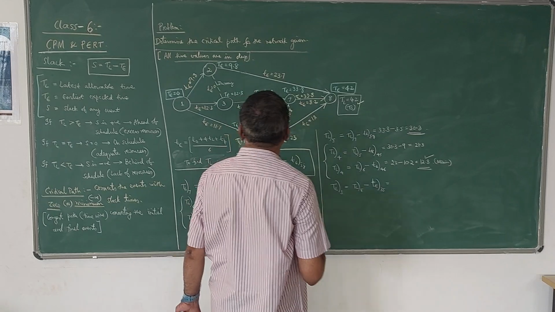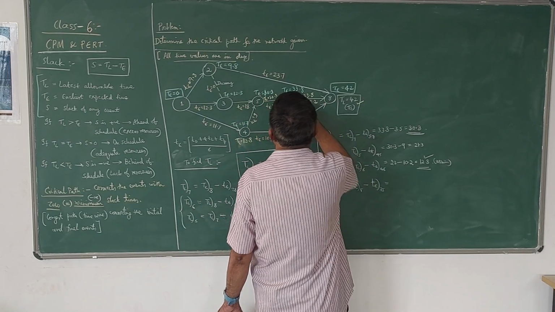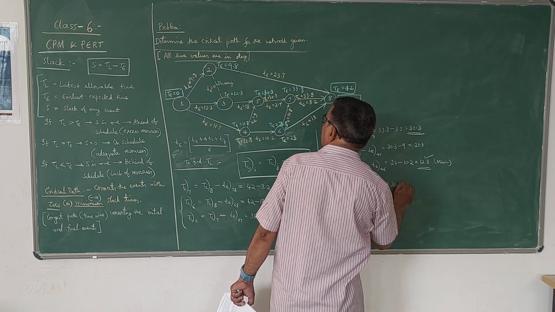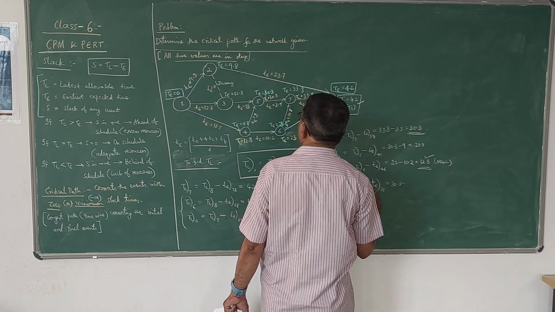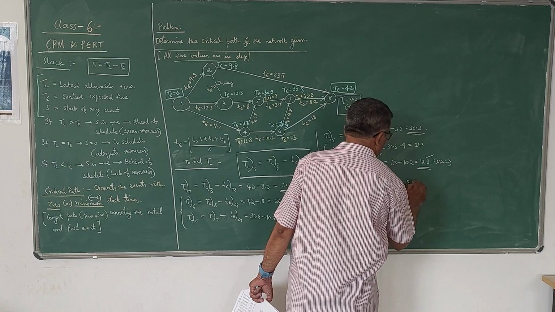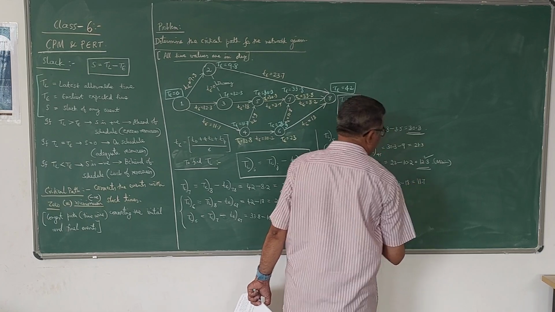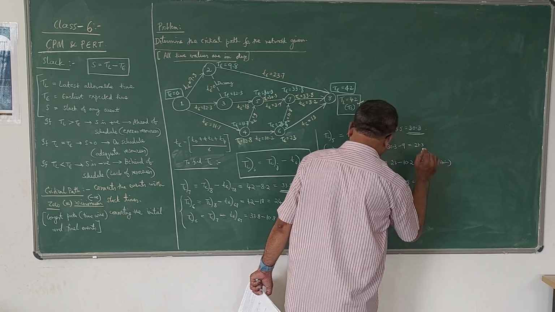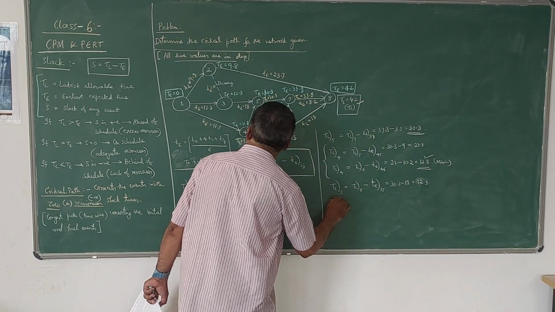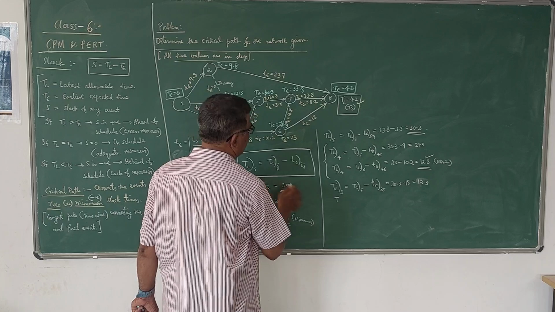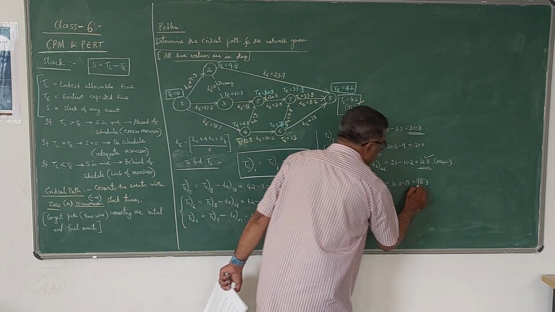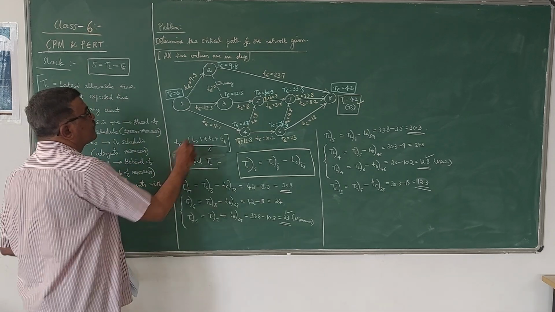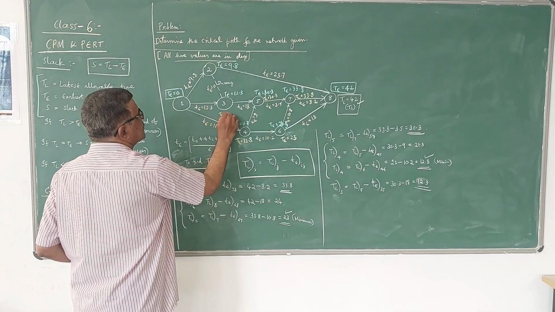TL5 is 30.3, correct? 30.3 minus TE35 is 18, so it is 12.3. Next, TL3, one more value? No, only one answer. So TL3 is 12.3.